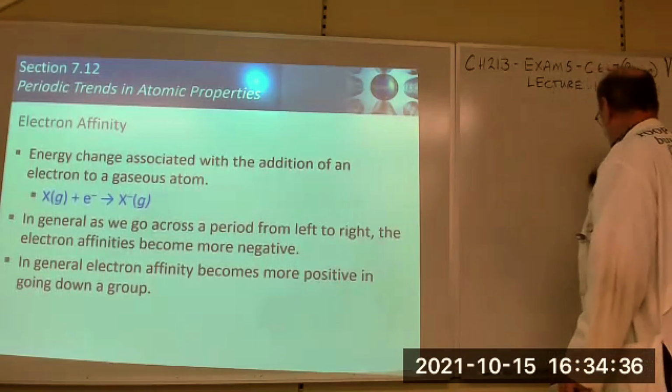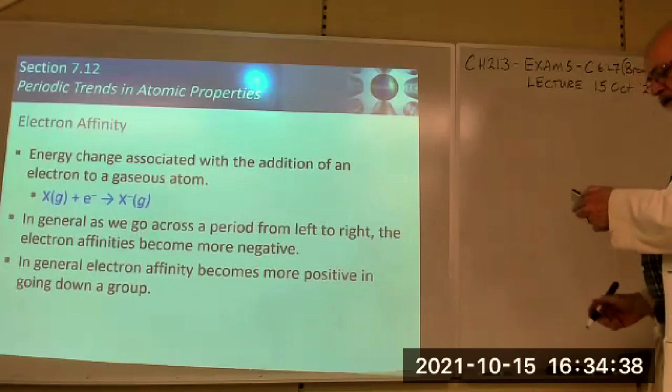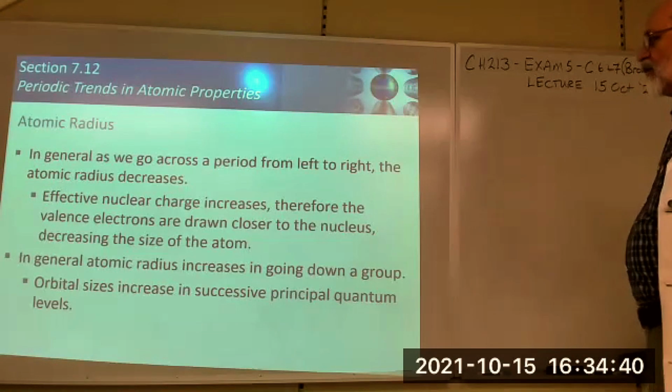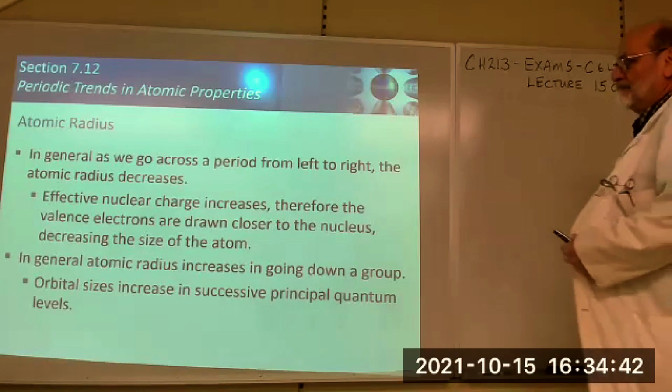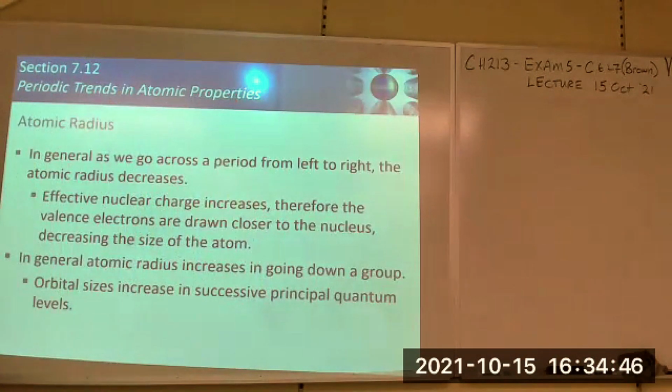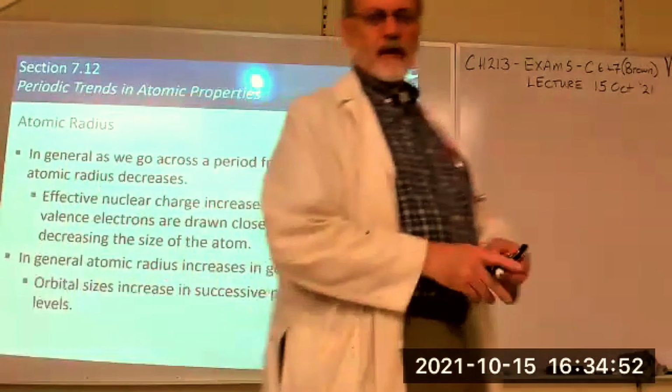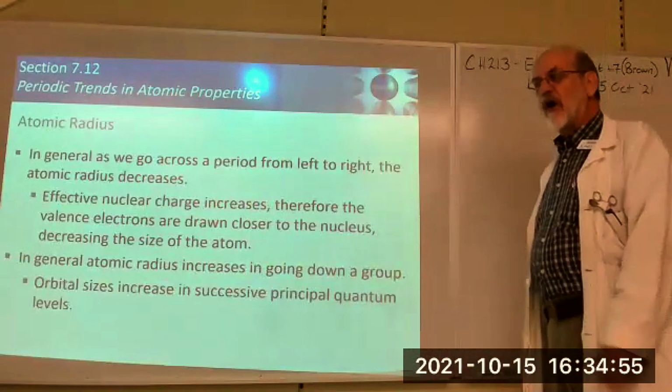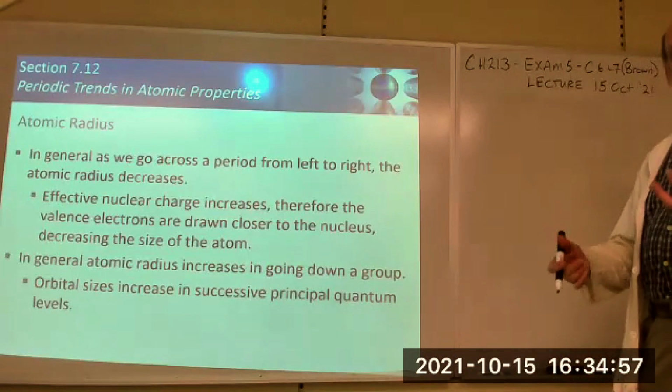Okay. One more. Atomic radius. So I've always been puzzled how they determine the radius of an atom. Because we've already said we don't know where the outermost electrons are. It's probability.